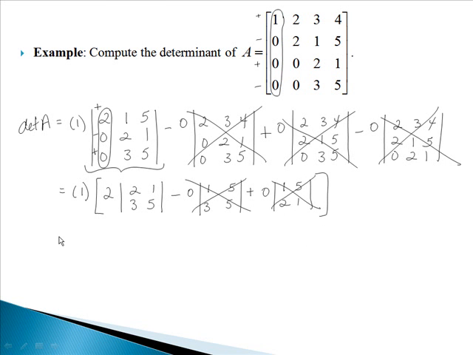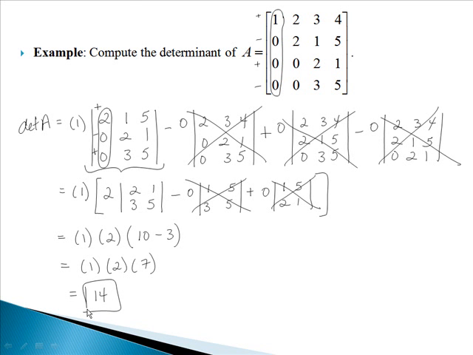So I'm down to now having 1 times then 2 multiplied by the determinant here, which is 2 times 5 or 10 minus 3. So what I have then is 1 times 2 times 7, which will give me 14 for my determinant. So there was a lot less work when we used the ones that had zeros.